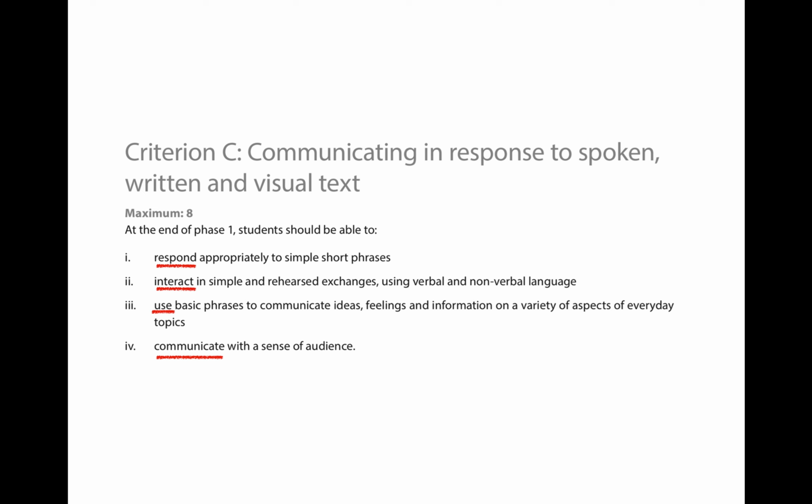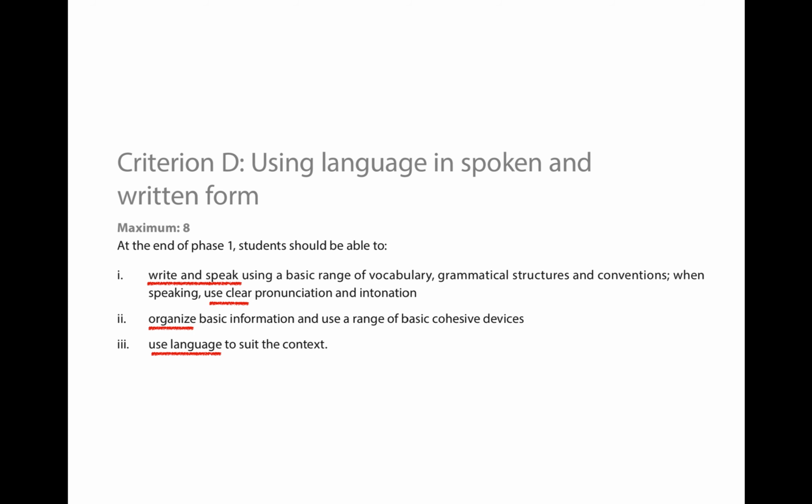In the basic phases, students' audience is still their friends, so they're still learning basic language, but if they have to write a letter to the principal, then they need to know how to address the principal. And D is basically the language, the grammar, the vocabulary. Write and speak using a basic range of vocabulary.